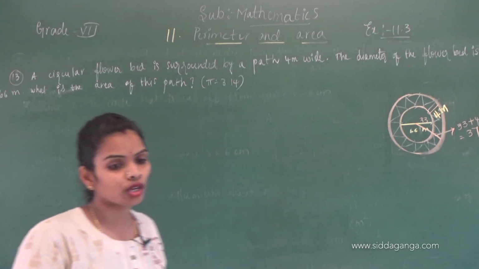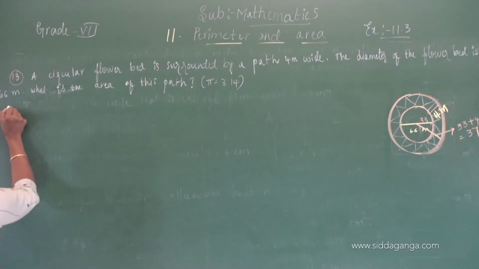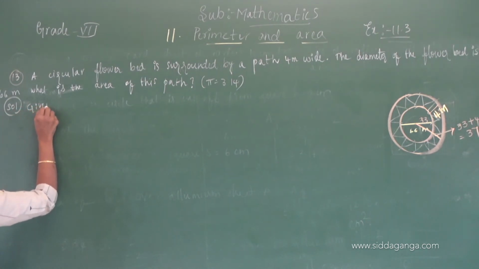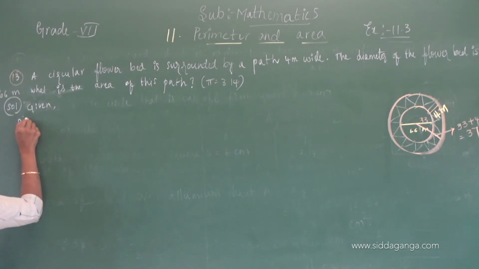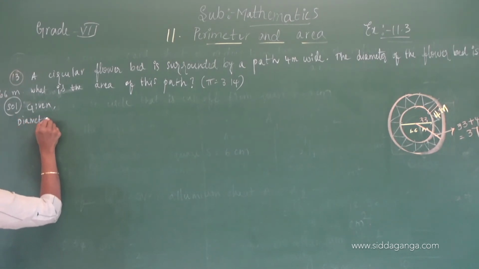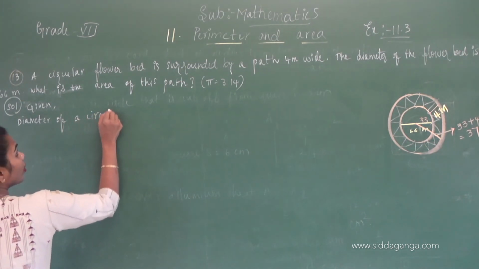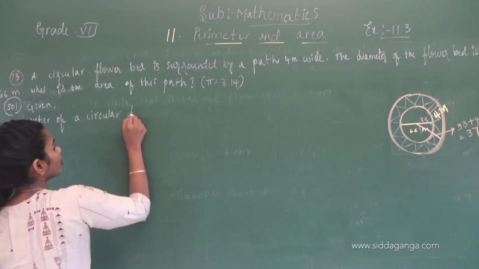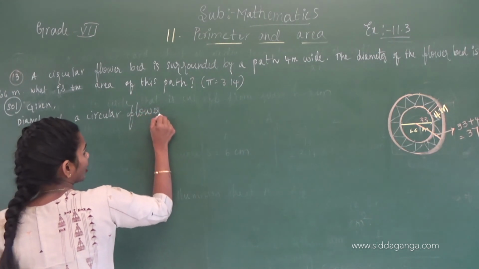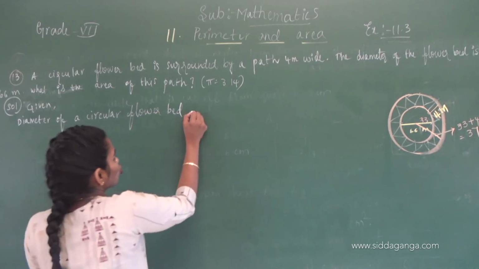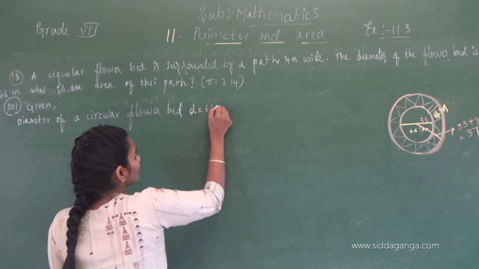Okay, come on, write down, children. Solution: given, diameter of a circular flower bed, D equals 66 meters.